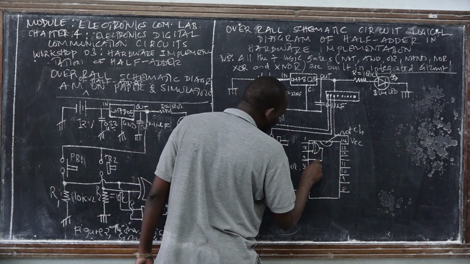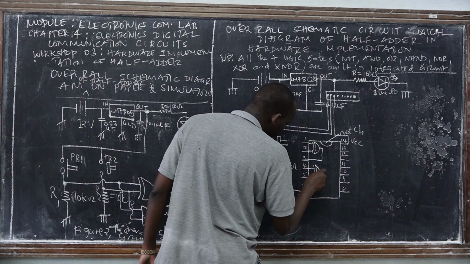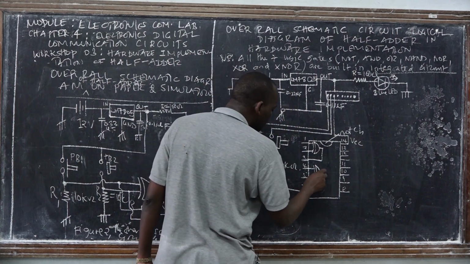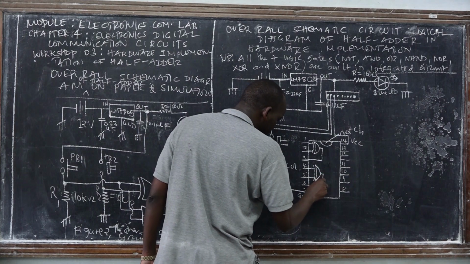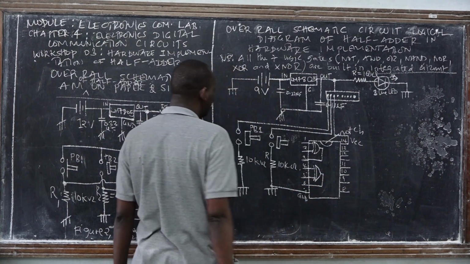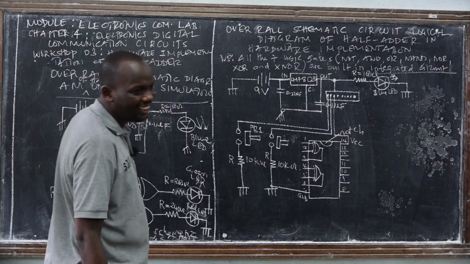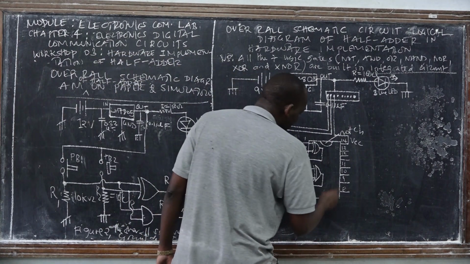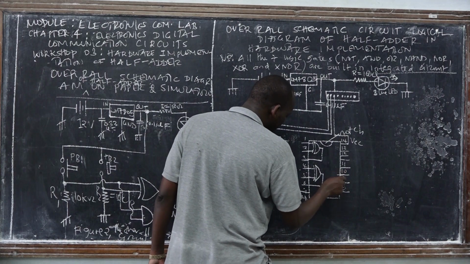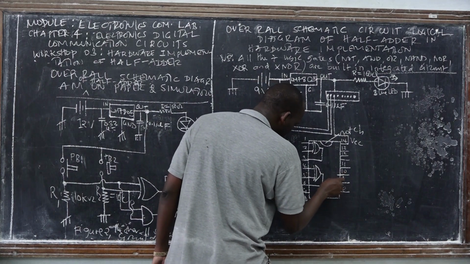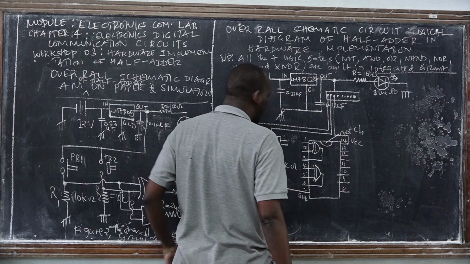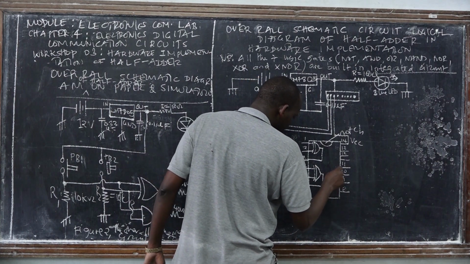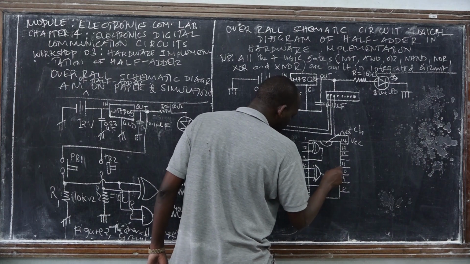Say second exclusive OR gate loudly. Then we have the third exclusive OR gate, which has inputs pin number 9 and pin number 10.